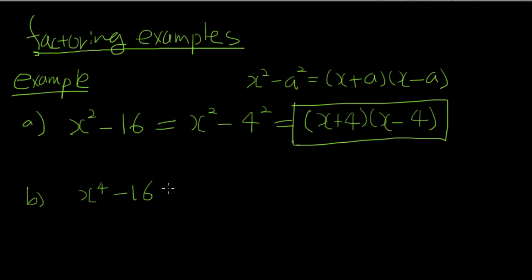So I guess our aim is to rewrite this as something squared minus something, in this case, in squared form. 16 is 4 squared, but what do we need to have here so that we could put that into this format?